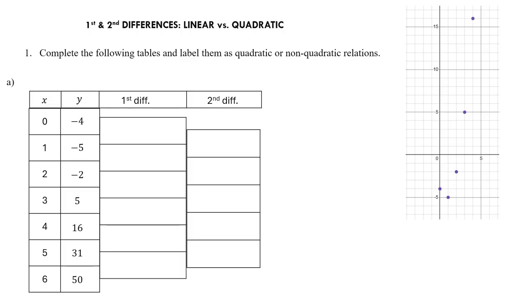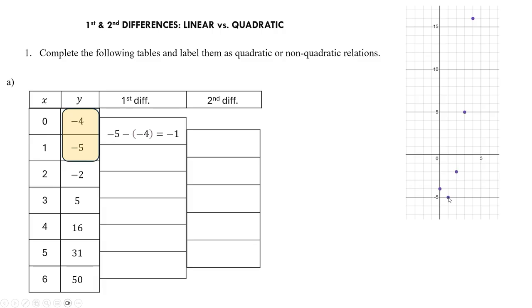Well, the difference right here is a difference of -1. The y value here is -4, and the y value here is -5. So if we say, what is -5 minus -4, the difference is -1. We're going down.